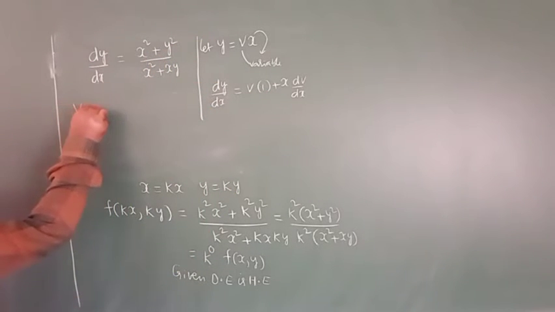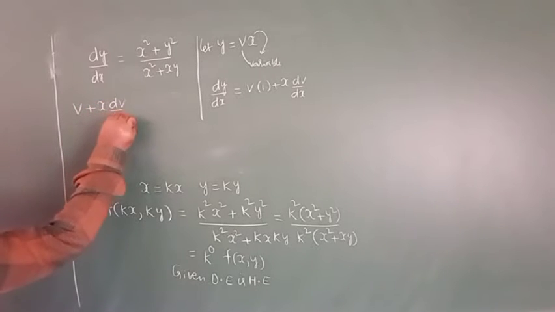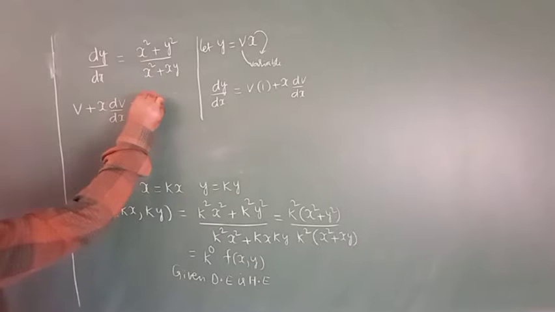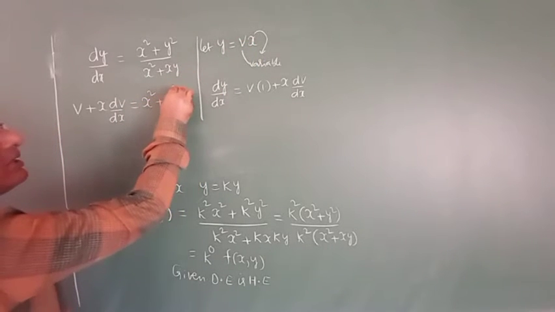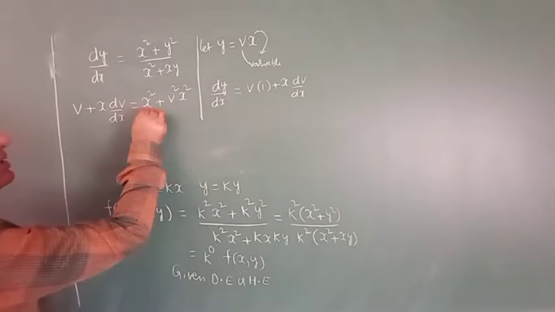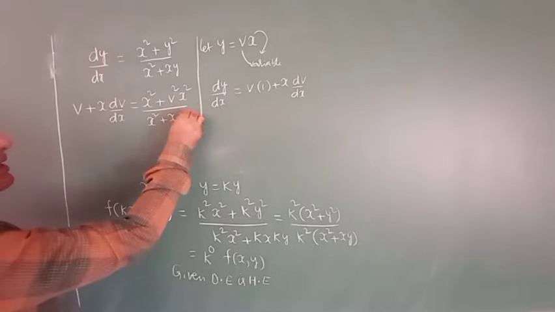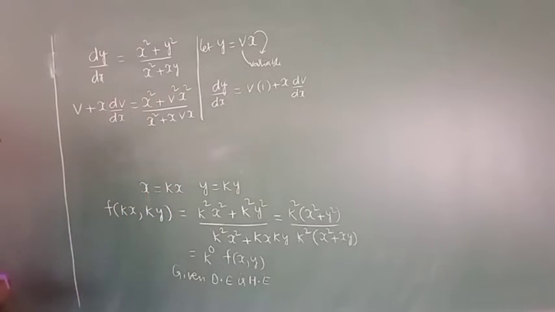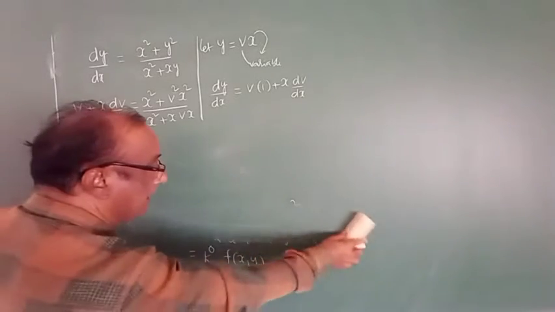So v plus x into dv by dx is equal to x square plus y square, with y replaced by vx. Take x square common and cancel.